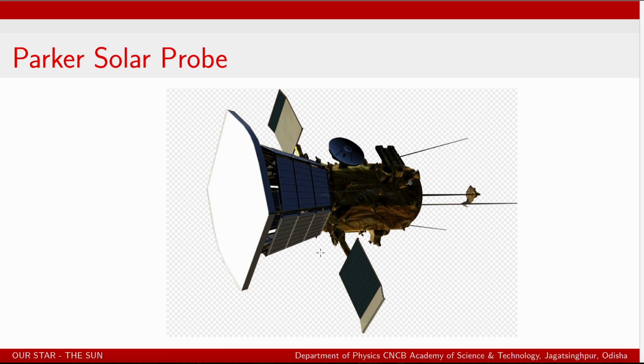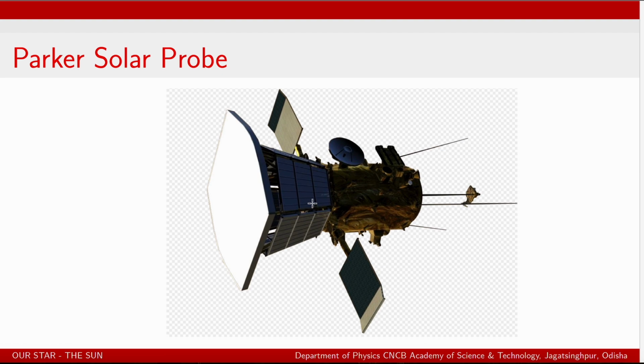So what does the probe do? How does the solar probe study the Sun? One of the things it does is that it measures the various oscillations of the Sun. It measures the various frequencies of the oscillation. The Sun has characteristic oscillations, and these characteristic oscillations tell a lot about the Sun.